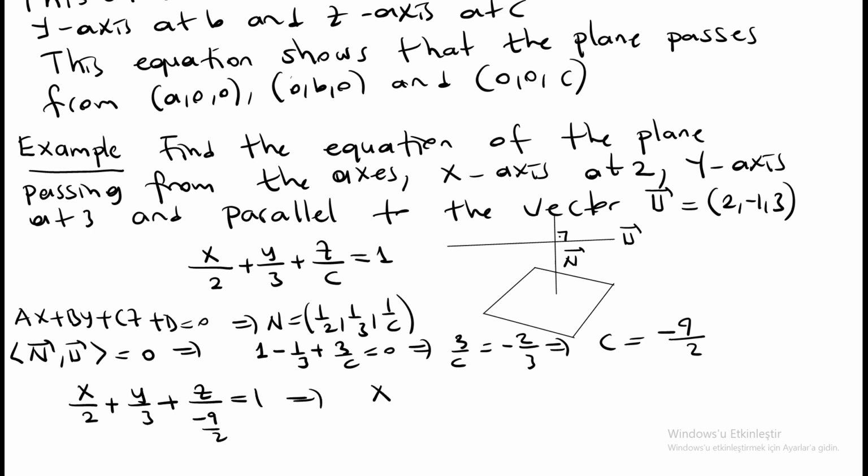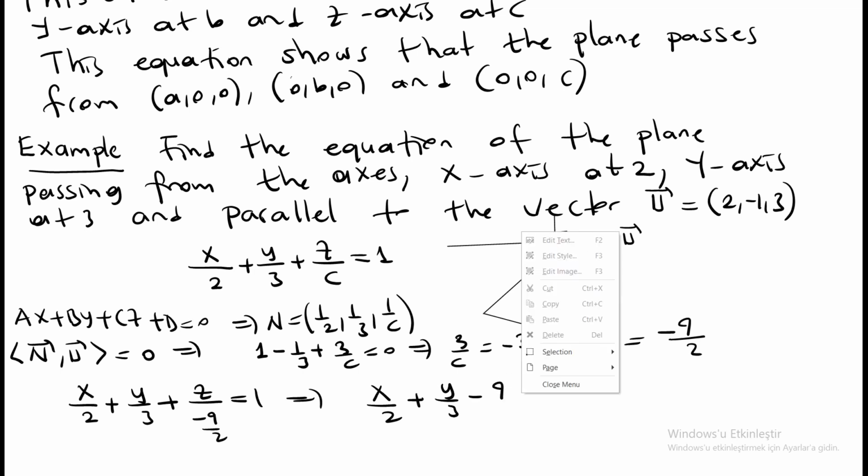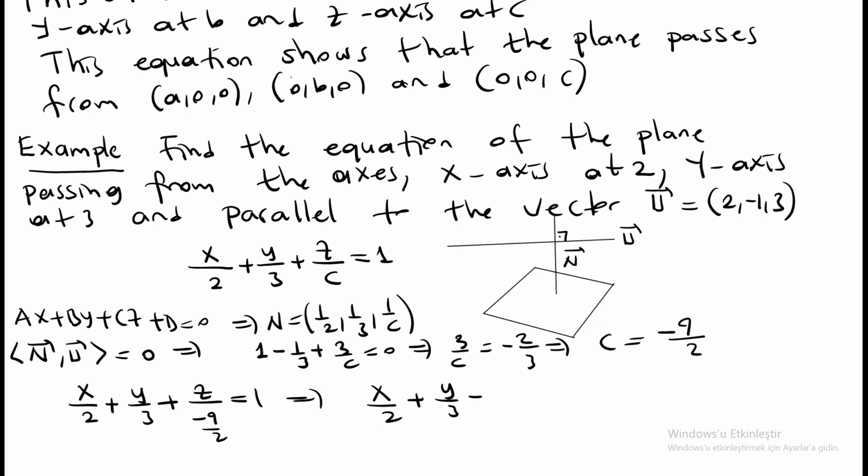So let's write in this form. Two times z over 9 minus 1 equals 0. So yeah, we can make this one 9 times x, 6 times y, 4 times z minus 18 equals 0. So this is the plane.